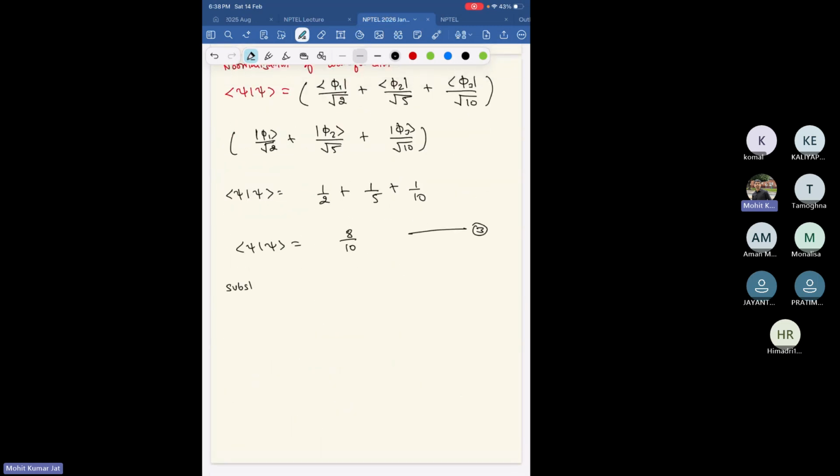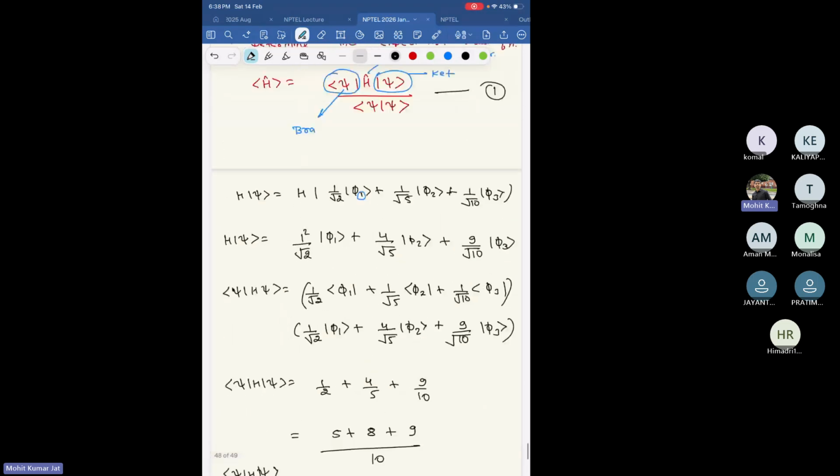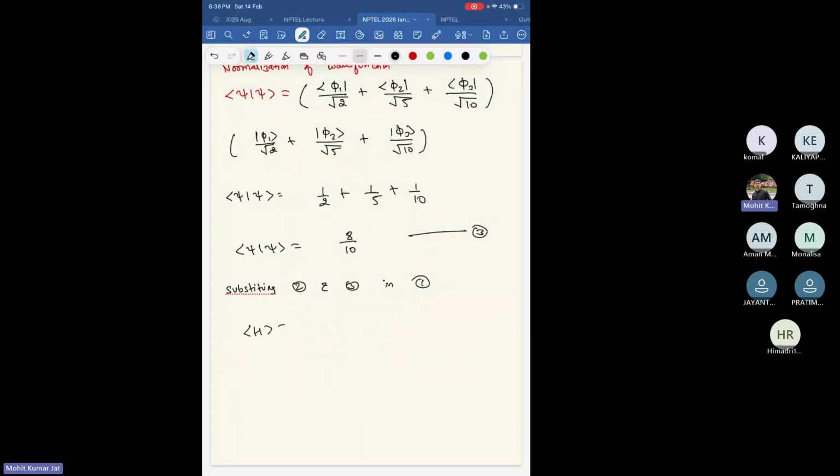Substituting 2 and 3 in 1, the expectation value of H is <psi|H|psi> divided by <psi|psi>, and that will be 22 by 10 divided by 8 by 10.